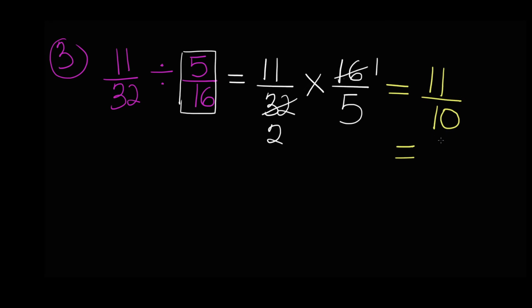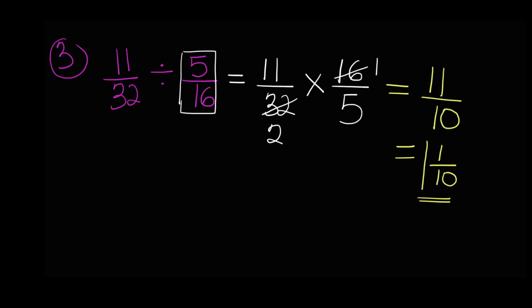How do we do that? 10 in 11 is 1. Remaining 1, and then over 10. That means when you have 11 over 32 divided by 5 over 16, your final answer is one whole number, 1 over 10. Very good.